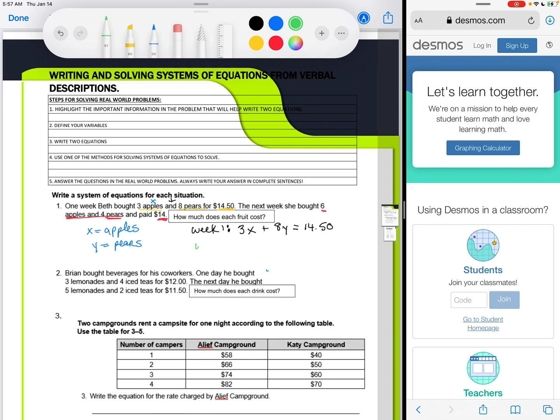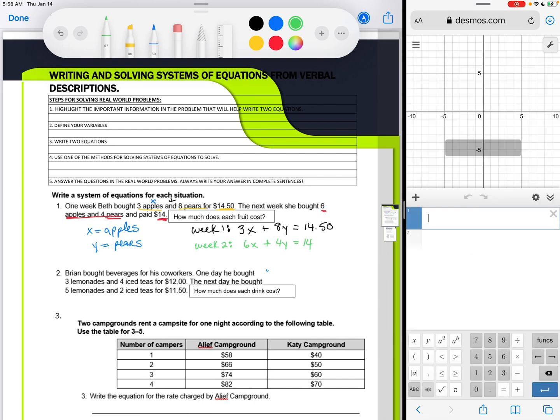All right. Now, the second equation is going to be for week 2. And it says she bought 6 apples. So that's 6X and plus 4 pears. So that's 4Y equals $14. And now we're going to go to our Desmos calculators right here on the right.